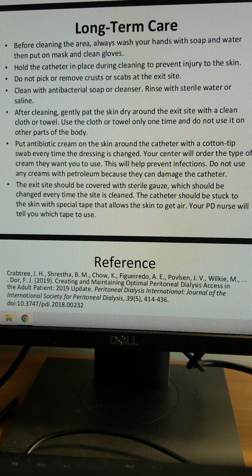The skin around the exit site should be washed every day or every other day with antibacterial soap or a cleanser recommended by your center that doesn't irritate the skin. The soap should stay in the same bottle it came in, so do not pour it into another bottle.